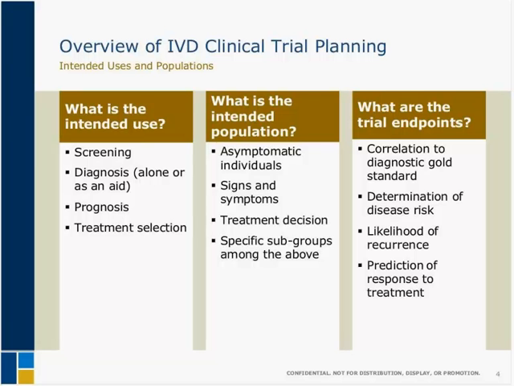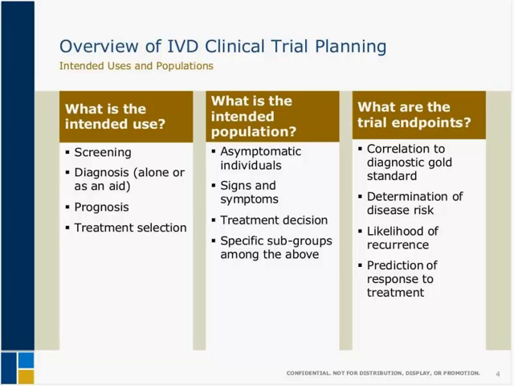Once you decide on the intended use, then you look at what is the intended population. Are you going to look at asymptomatic individuals? Usually screening is associated with asymptomatic individuals. Do you want to look at populations with signs and symptoms, which is what you use in a diagnostic intended use?